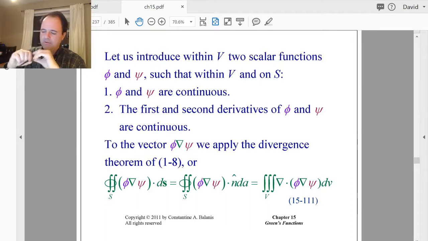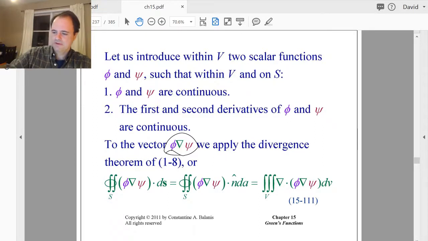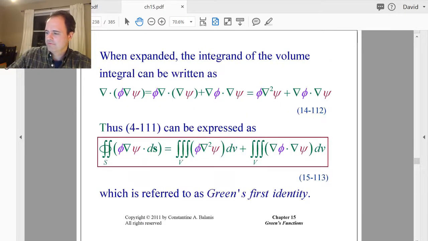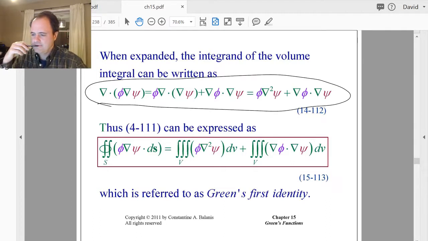Okay, fine. So now we're going to work with this function itself, phi del psi, and we are going to apply the divergence theorem. So we have this, and we do an integral over the entire surface, and we apply the divergence theorem to say that this is equal to this. That's fine. And now we're going to use this vector formula. It's very easy.